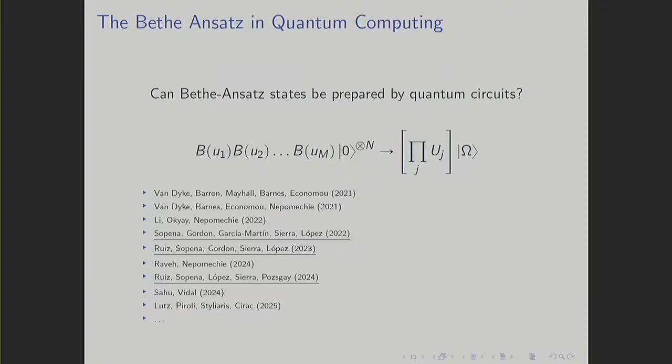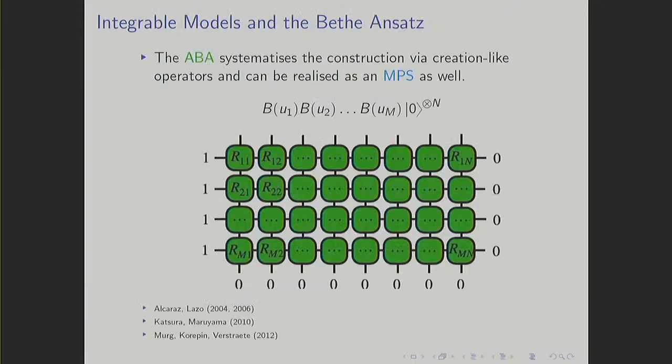I will say that no, and this is reflected in the fact that here in this picture, for say a half filling level, we will have a bond dimension of 2 to the n over 2. So the MPS will not be efficient.